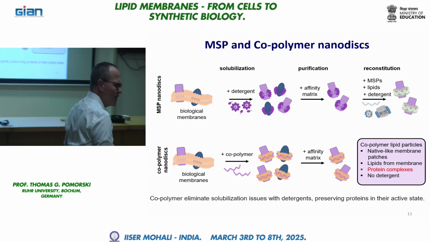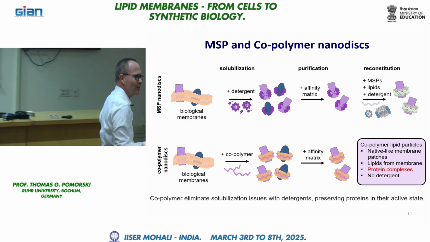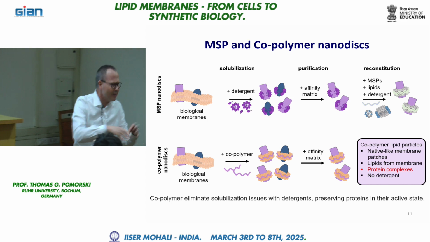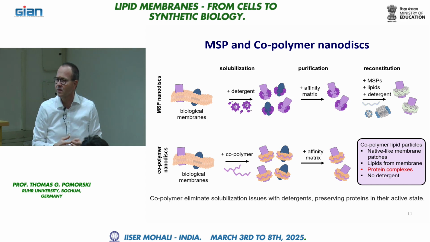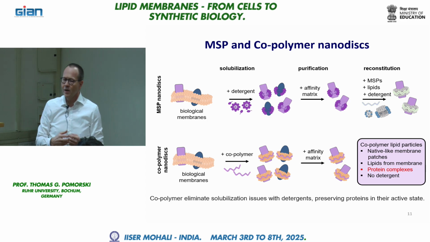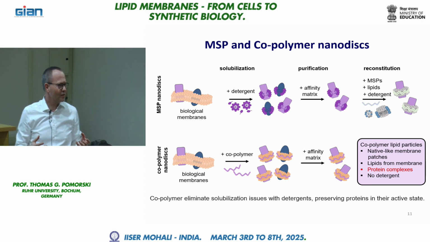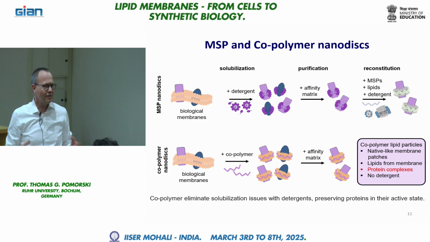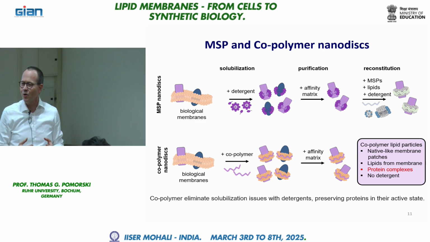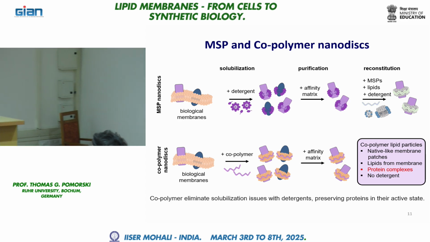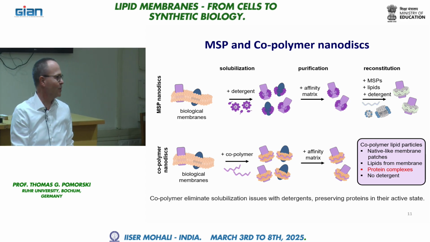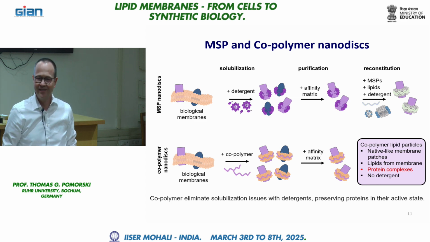Could we not think about something? I think someone asked me in the course, Thomas, can we not directly take the membrane and take the protein out without all of these detergents? Do you like to eat cake? So when you get guests and you have a big cake, what do you do? You cut the cake into pieces with a knife, right?